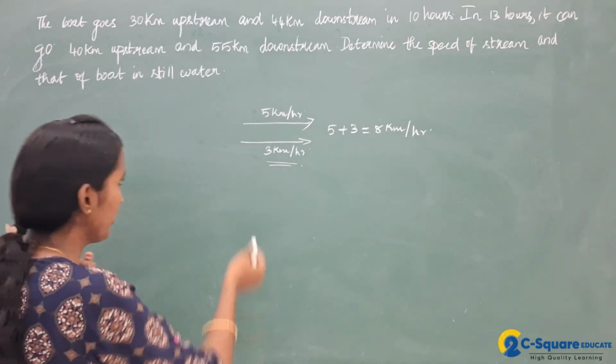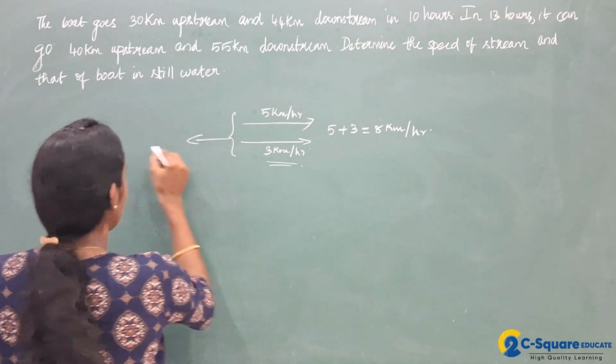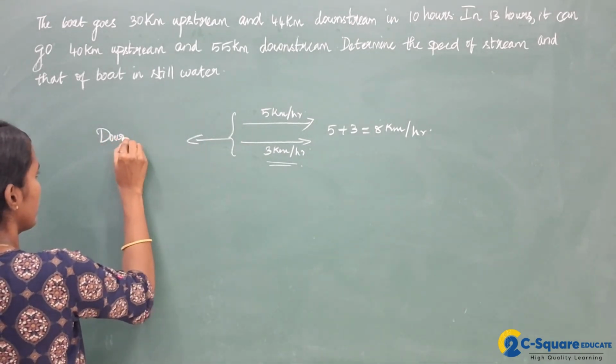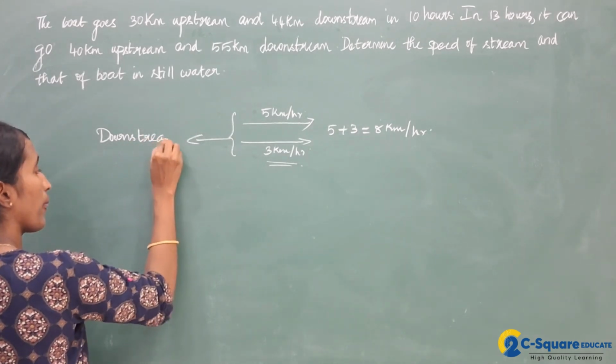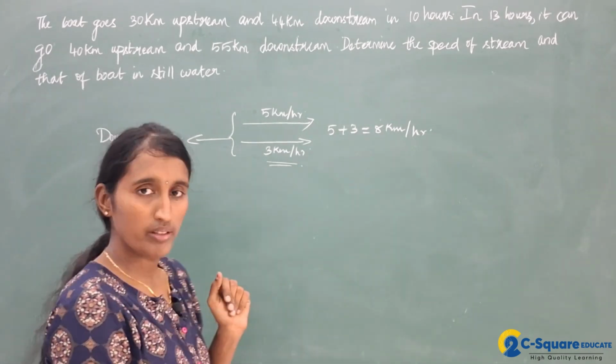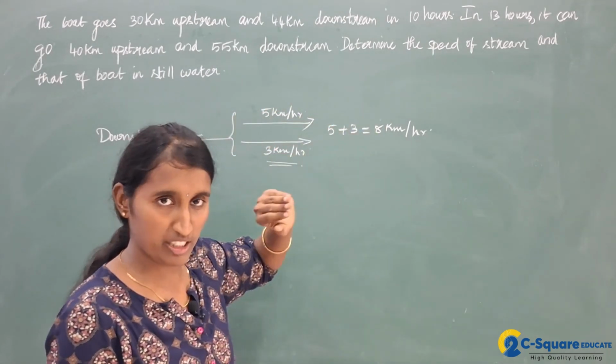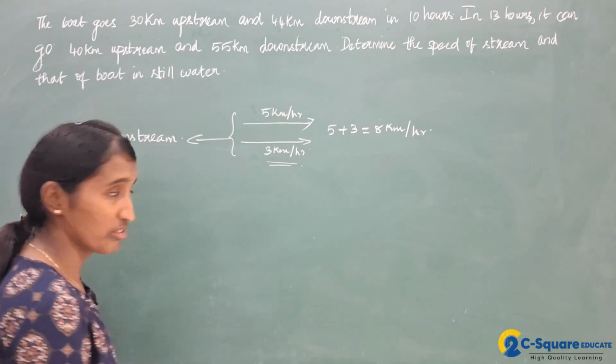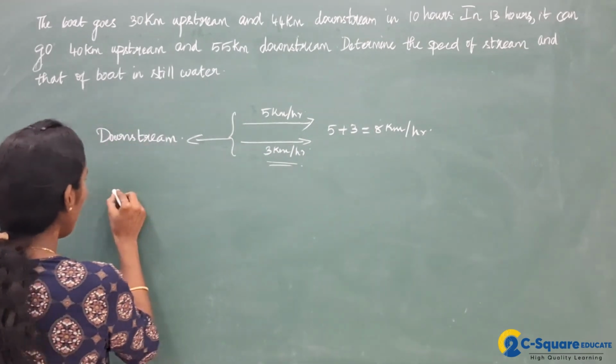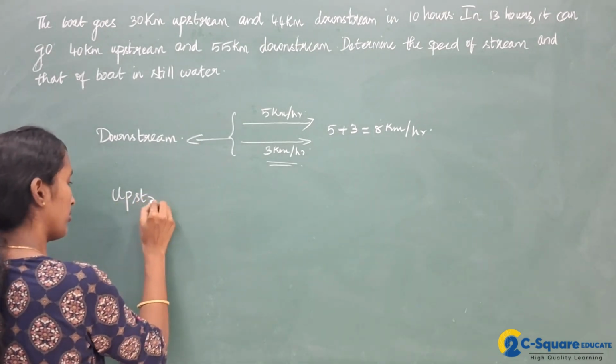This is called downstream. Both the boat and the moving water are moving in the same direction, and in that case it is called downstream. Now, what is called upstream?